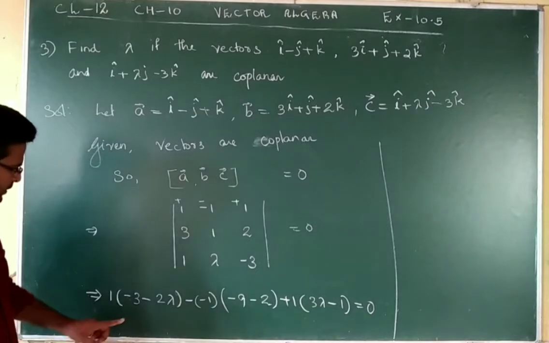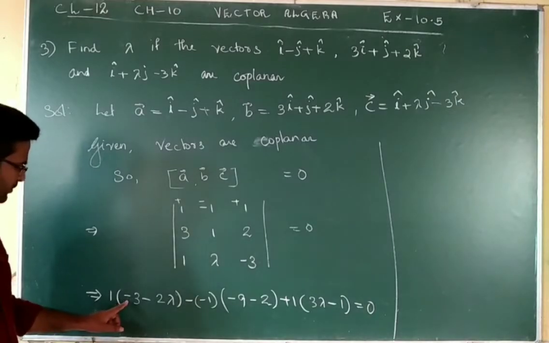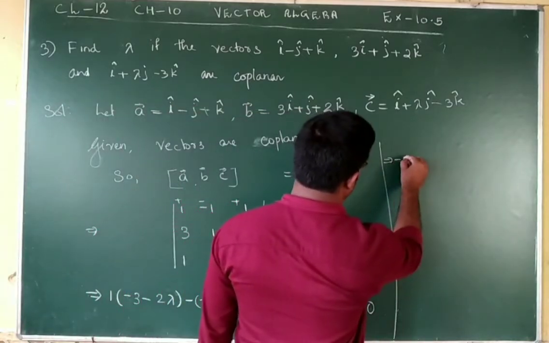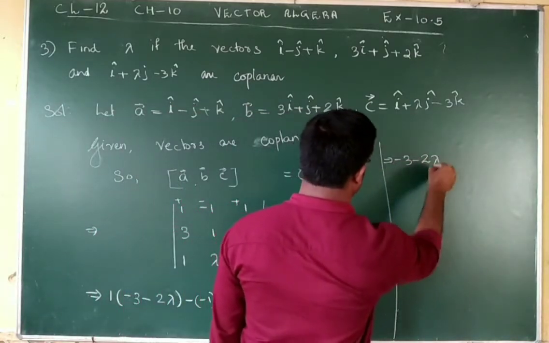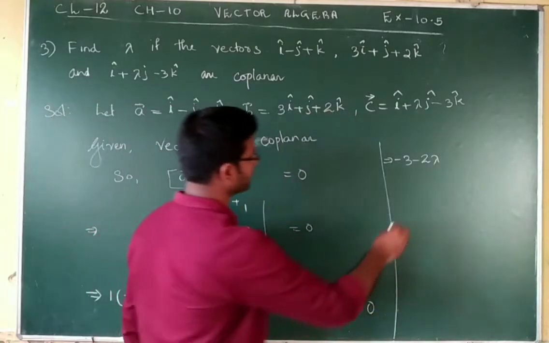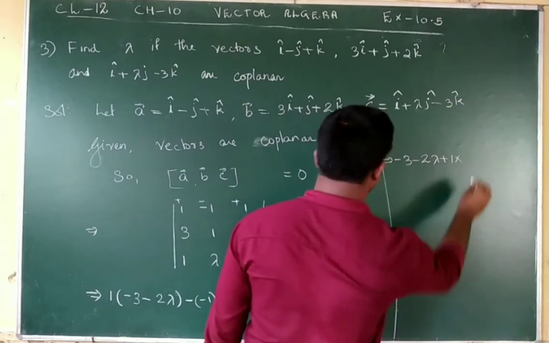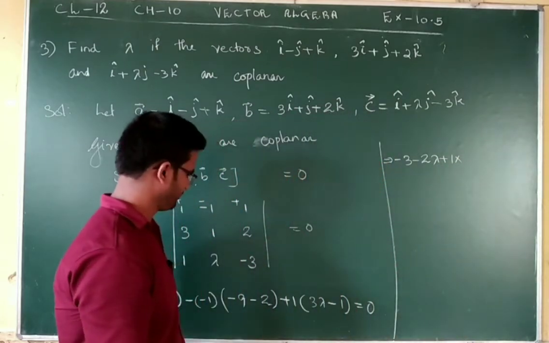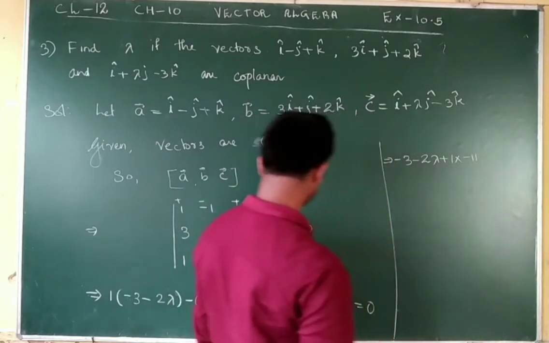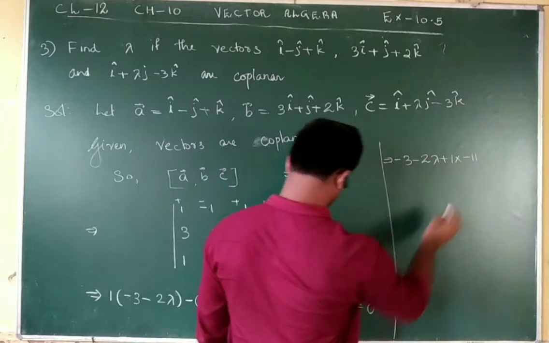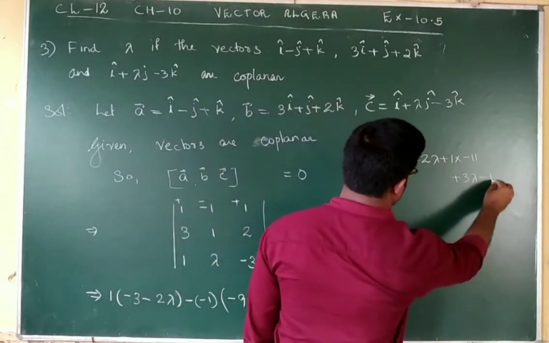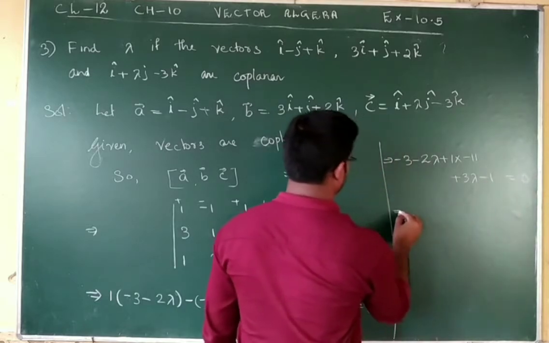Then, in here 1 no need to write, then remaining minus 3 minus 2 lambda, minus into minus plus, we will get plus 1 into minus 9 minus 2 is minus 11, plus 1 into 3 lambda minus 1, equal to 0.